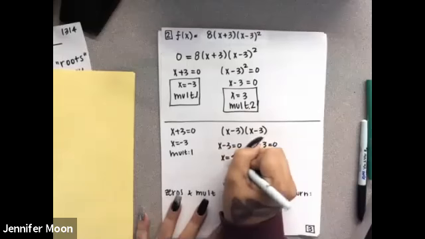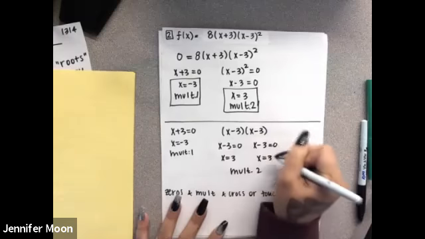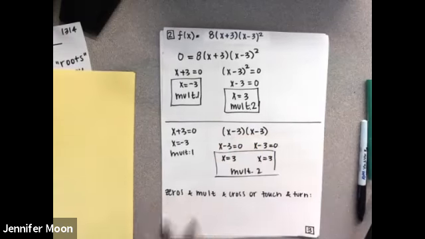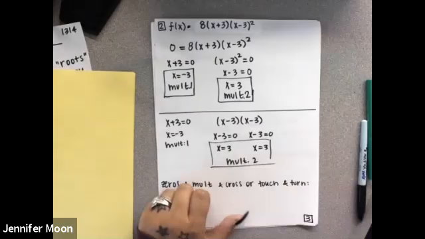And I would get x equals 3 and x equals 3. Now, the multiplicity of a zero is how many times you have that number as an answer. How many times do I have x equals 3? Twice. So my multiplicity is 2.